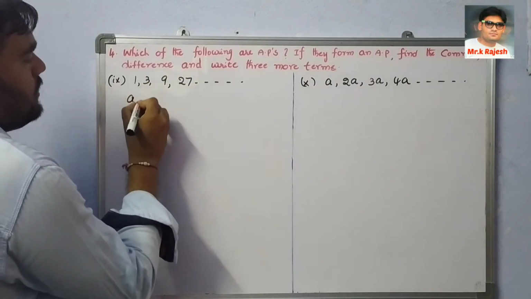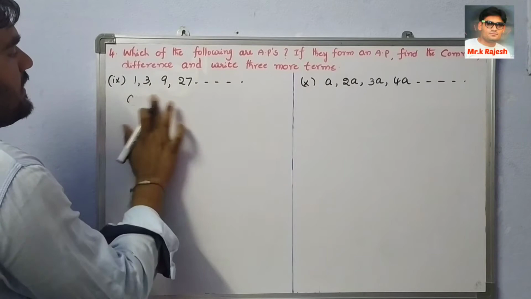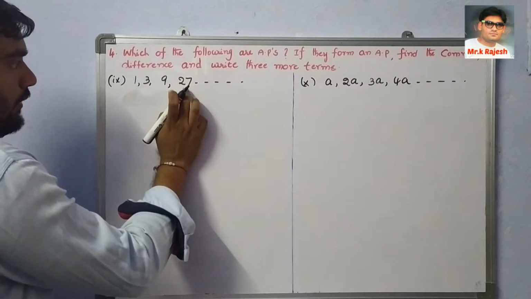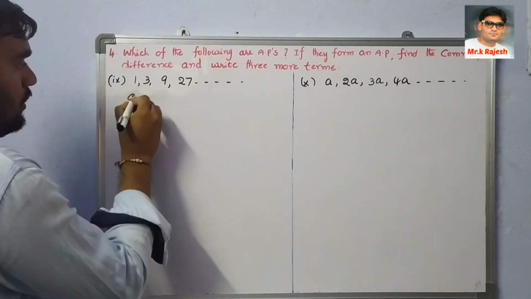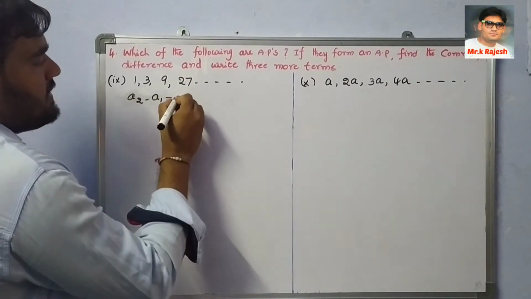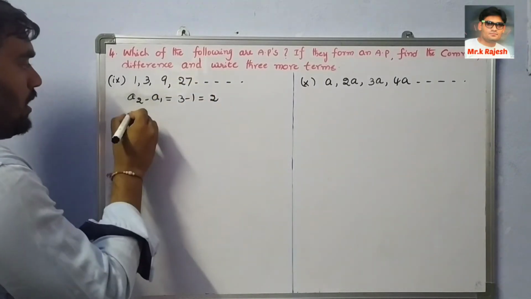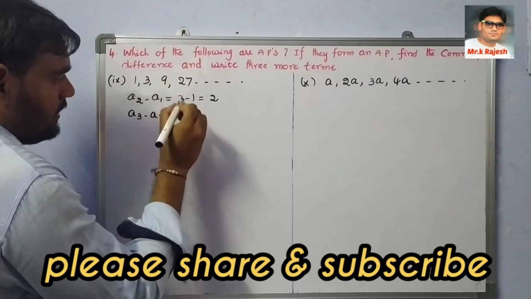So A1 is equal to 1, A2 is equal to 3, A3 is equal to 9, A4 is equal to 27. Now A2 minus A1 is equal to 3 minus 1, which is 2. After that, A3 minus A2 we need to find.